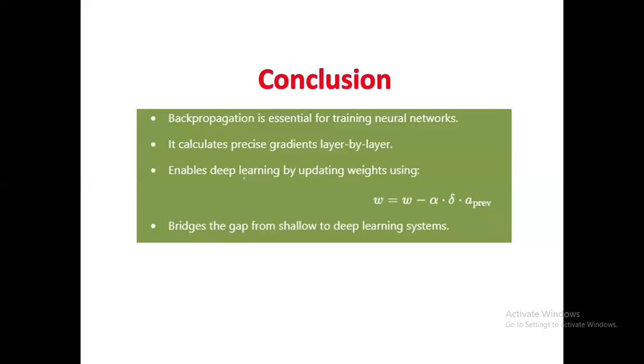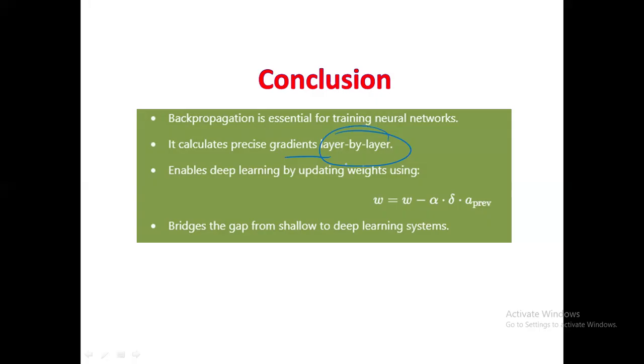Coming to the conclusion, backpropagation remains a cornerstone of deep learning, providing a systematic way to train networks by updating weights based on output error. It computes the gradient layer by layer using the chain rule, making it scalable from shallow to deep architectures.